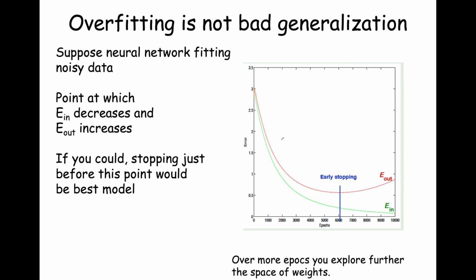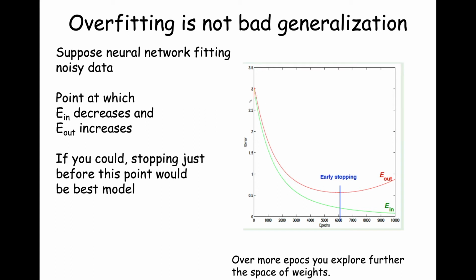Suppose you have a neural network and you're trying to fit this neural network, learn, as it were, from noisy data. Now, if we run our forward pass, backward pass, forward pass, backward pass, some number of epochs or rounds, and we were to set aside data to mimic our out-of-sample error, and we have our in-sample points, our training data, and we measure in-sample error, which is the green curve, we could depict our out-of-sample error, which is the red curve.